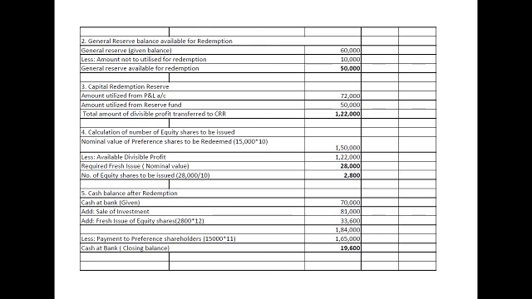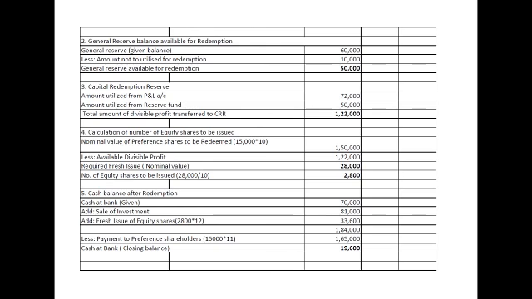Now if it is issued at 10 rupees per share, at nominal value only we are taking, the number of equity shares to be issued is 28,000 upon 10. So 2,800 fresh equity shares to be issued. That issue is done at a premium, so that we'll see in the journal entry case.